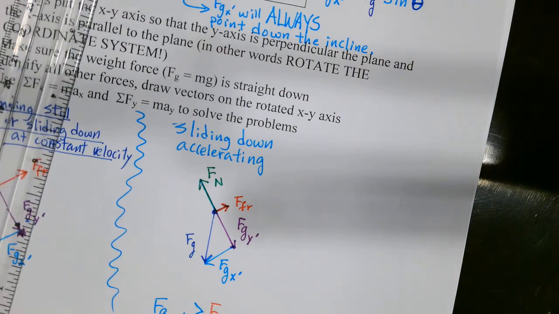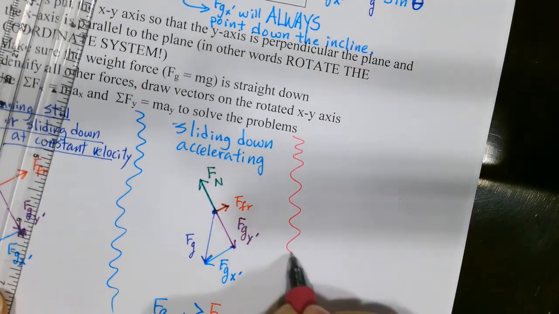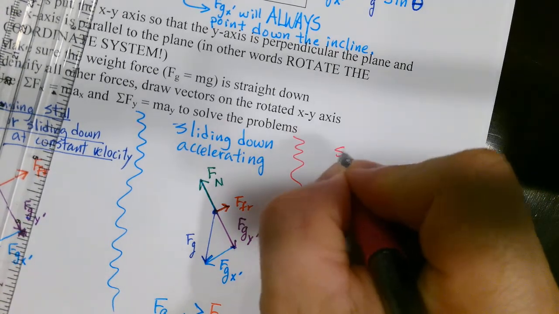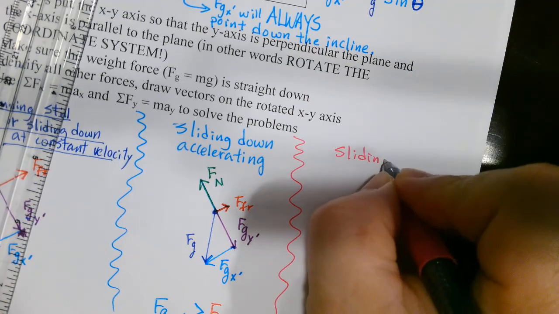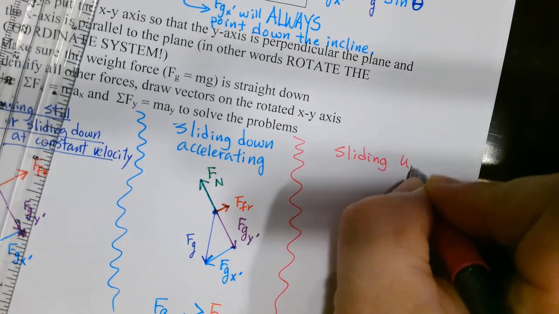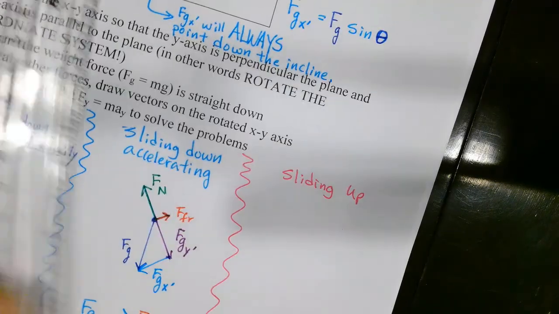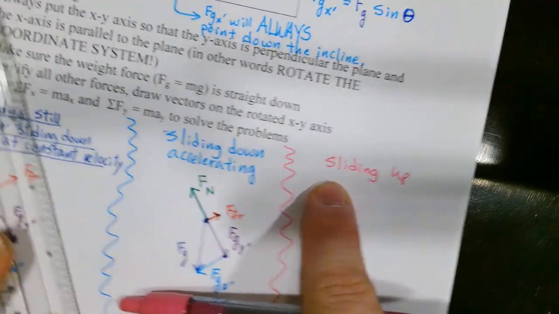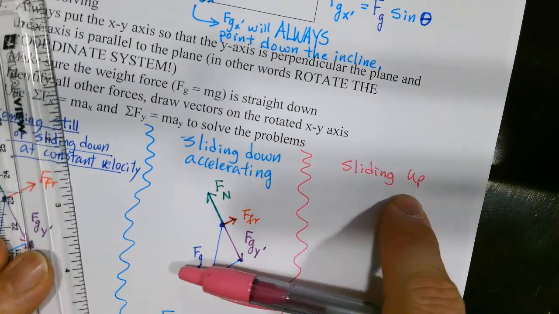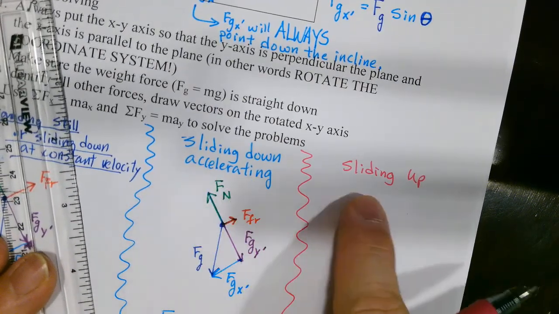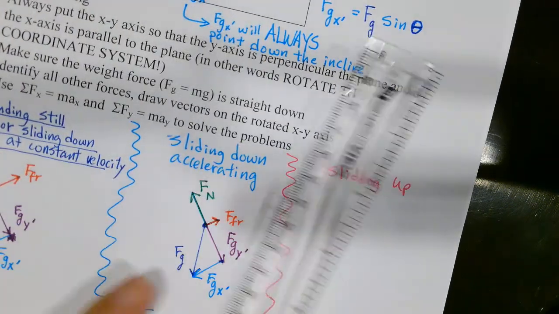Now, let's think about sliding up. Sliding up, before I even write down this part, I want to do this first. Sliding up, it's not going to be accelerating, but it'll be slowing down. It'll be decelerating, sliding up. And I'll show you why.